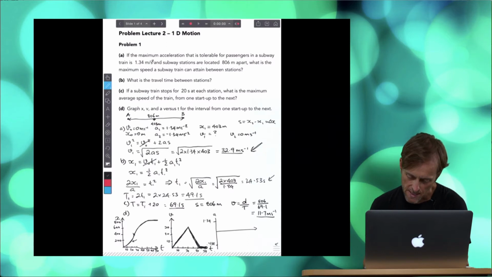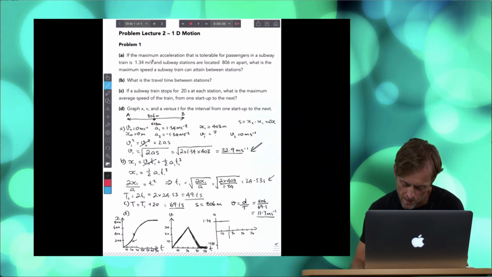And again, same axes here, 1, 2, 3, 4, 5, 6, 7, so that's 10, 30, 50, 70. Yeah, so we would have gone for the first 25 seconds or so, like this. And then for the next 25 seconds, we would have been here.